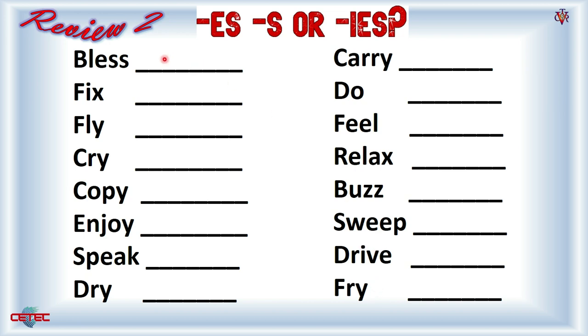Let's check these verbs. Ending with double S, ends with X, ends in consonant plus Y. Cry, consonant plus Y. Check every single verb. Don't forget you have to add es, s, or ies.